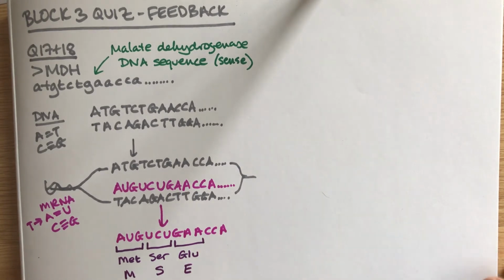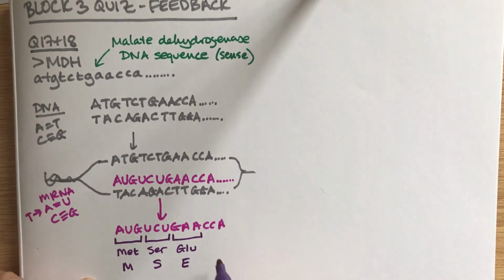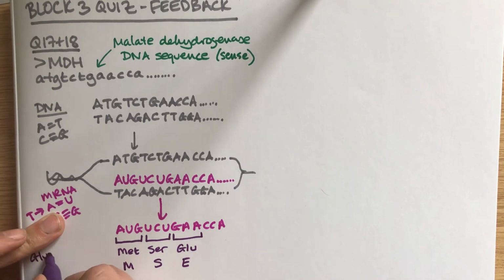A few of you gave me a slightly incorrect answer, so you got a little bit confused with the last amino acid, but that was understandable given the way that I presented the question. GLU is glutamate, which is an E. But some of you got it confused with a couple of other amino acids.